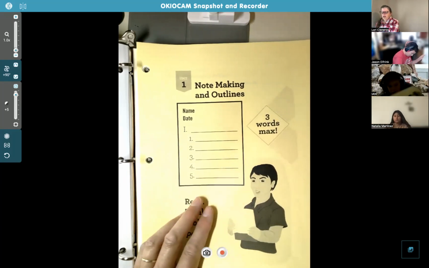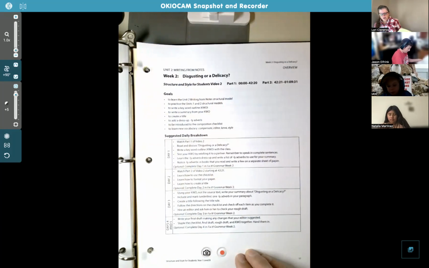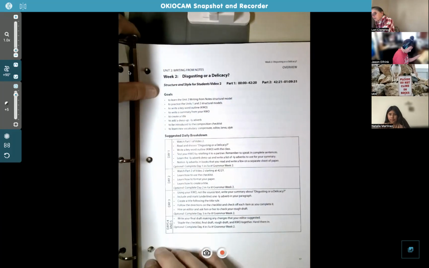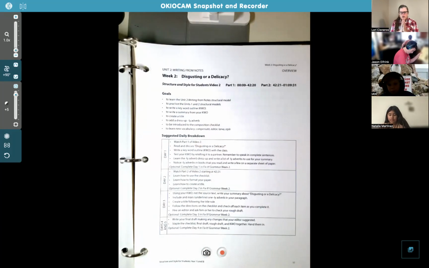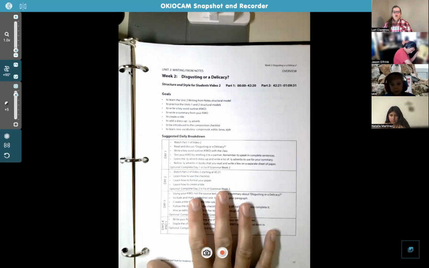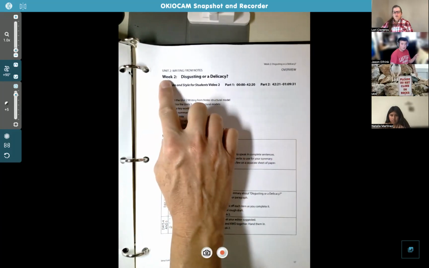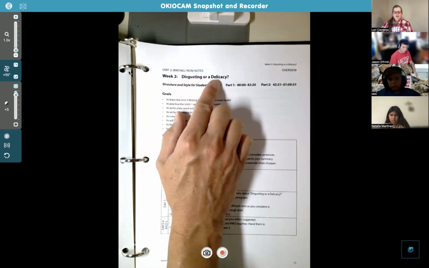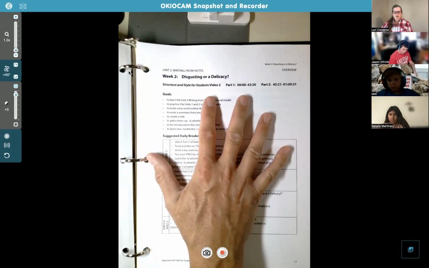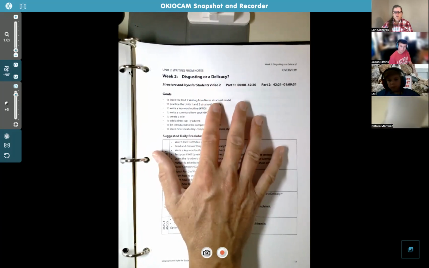Go ahead and take this page out and then close your rings. Make sure you close them because I have a lot of students that forget that step and then they move their binder and stuff falls out. So it's a big pain to try to get it back in the right order. So when you see week 2, disgusting or delicacy, that's going to stay in your binder until next time.